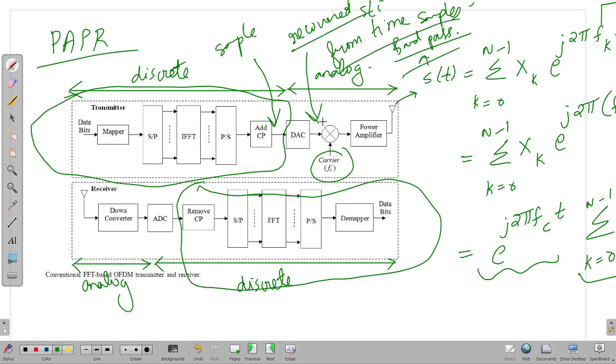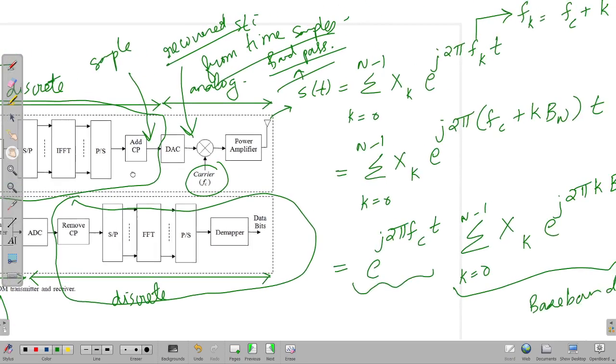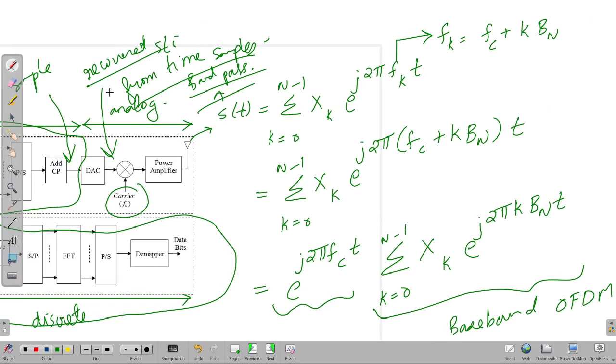And this signal is the actual signal. It is the signal that results from the addition of N subcarriers. Okay, there are a total of N subcarriers, and this signal that comes here is the result of the addition of N subcarriers. As a result, what happens?